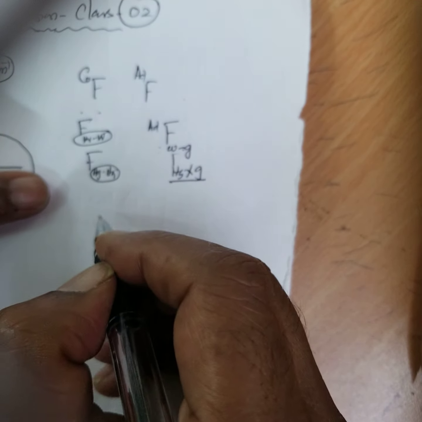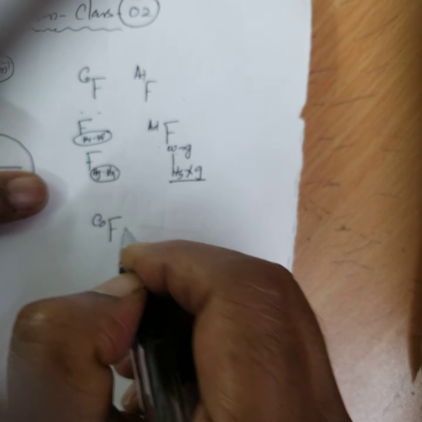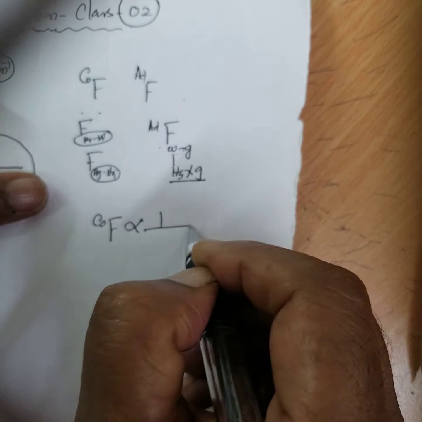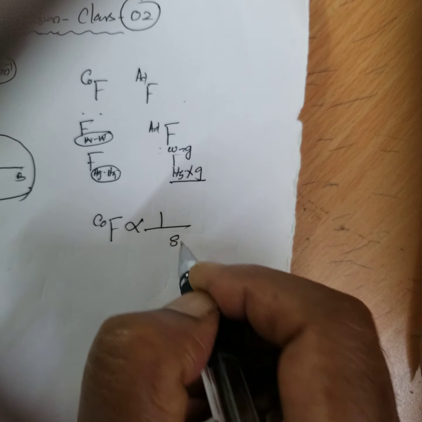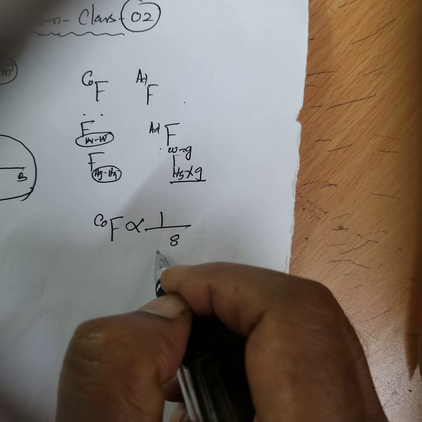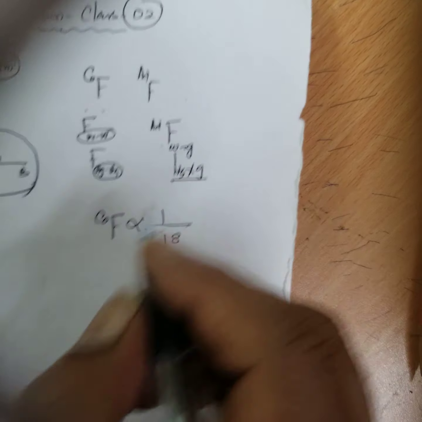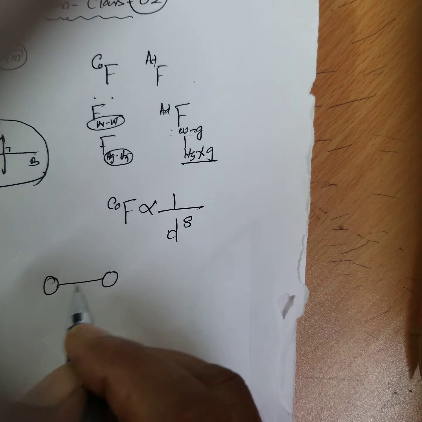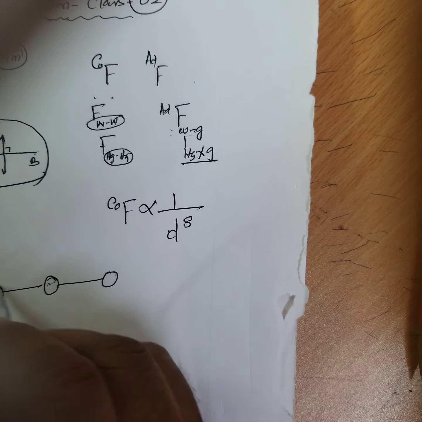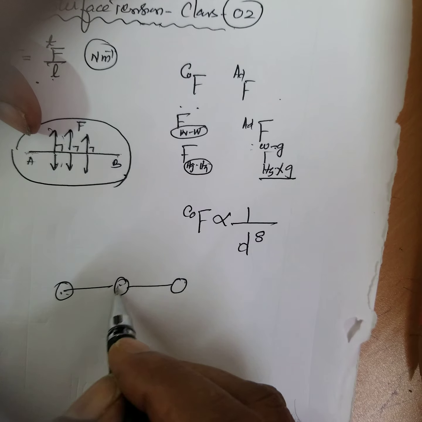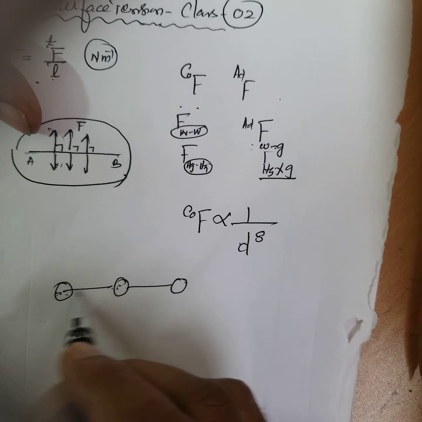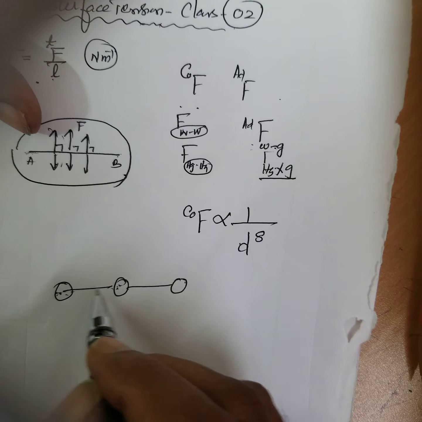And what is the cohesive force? Remember, cohesive force is inversely proportional to the 8th power of the distance. What is distance? Distance between two molecules of a liquid. Suppose in a liquid, one molecule and another molecule are a certain distance apart.